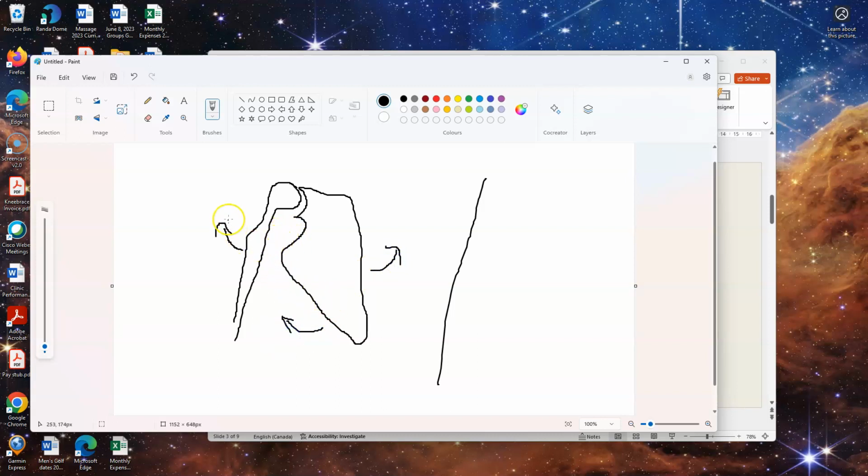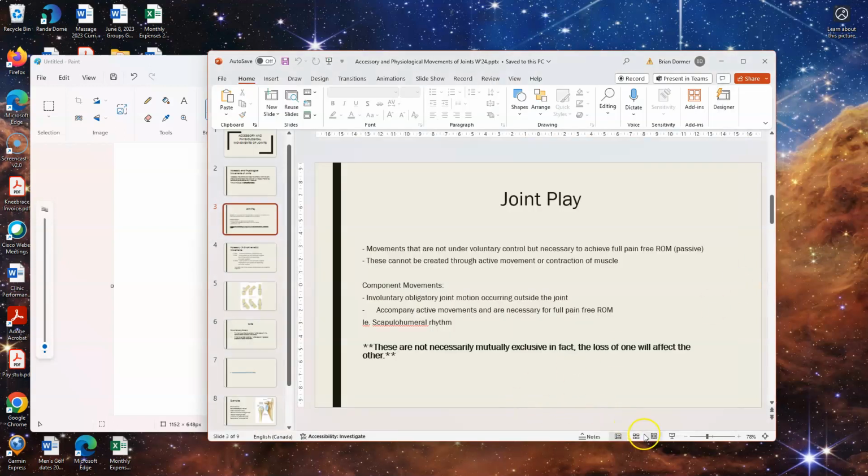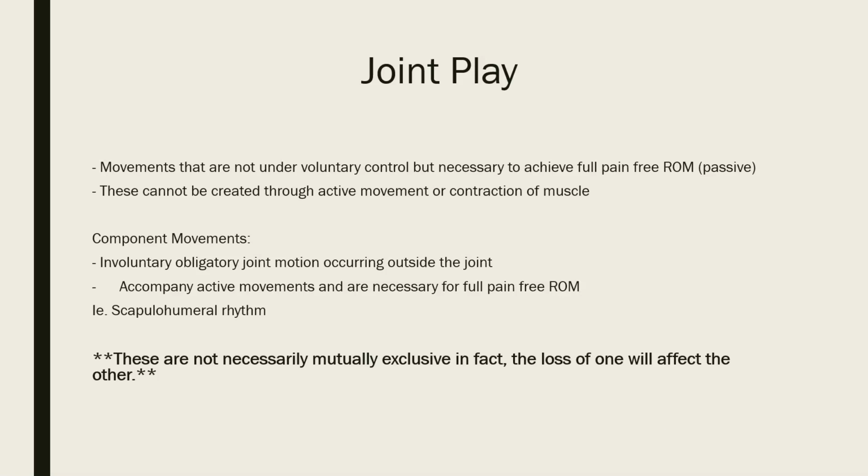So for abduction to occur, to have the humerus moving in this direction, we need this kind of rotation of the scapula to occur. If that scapula cannot rotate, then this is going to significantly diminish the range of motion of abduction that can occur between the humerus and the scapula. Okay? This is known as a component movement. And again, without that movement of the scapula, you're not going to get full range of motion.